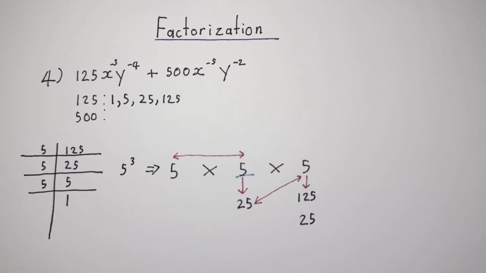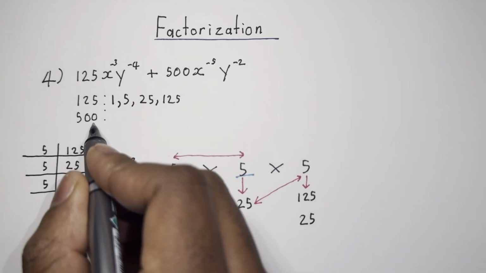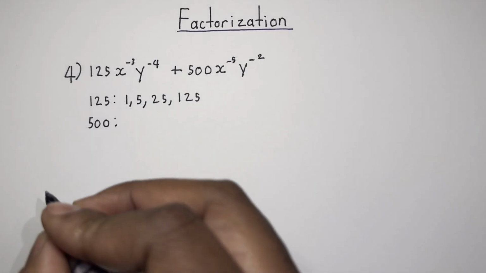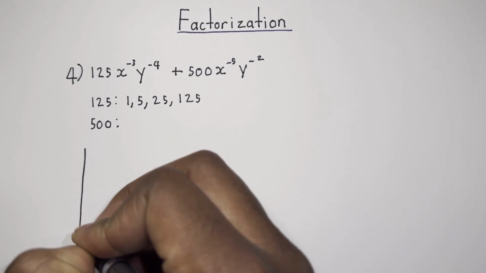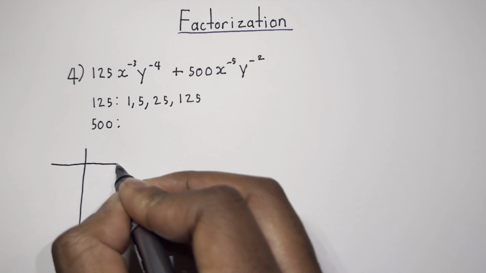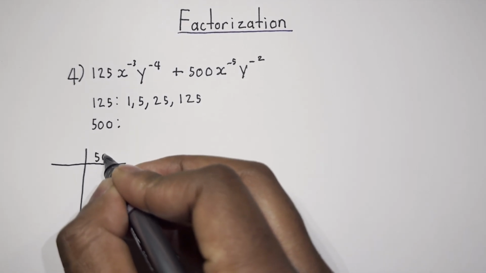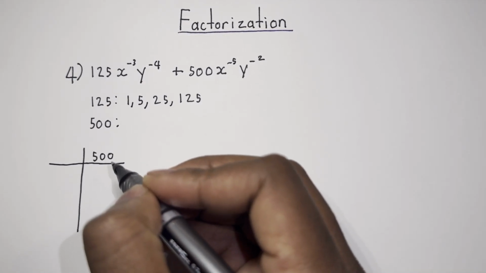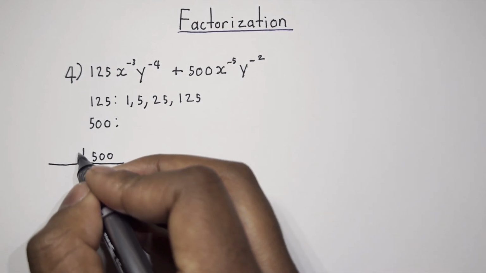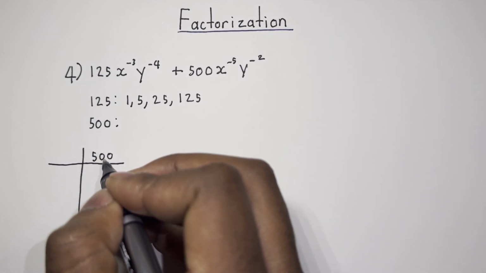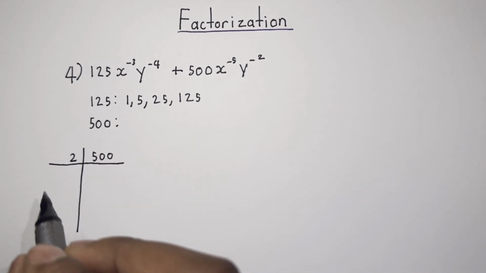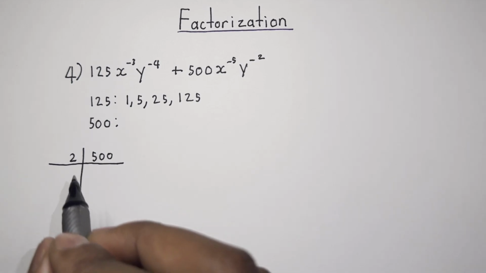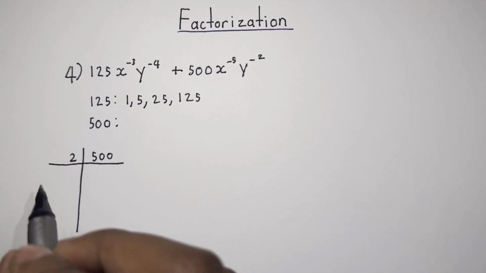Good. Now we are going to use the same strategy to find the HCF for 500. So we're going to draw our table and place the 500 here and repeat the same process. The smallest prime factor that can go into 500 without leaving a remainder is 2.